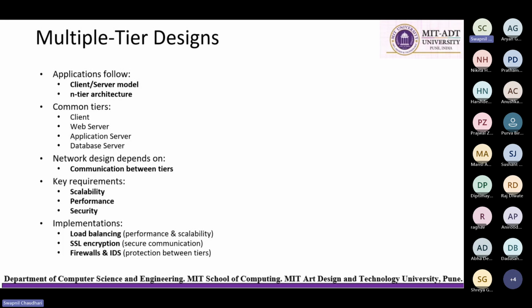Common tiers in the data center are the client tier, web server tier, application tier, and database tier. These tiers perform specific functions, making the system modular, scalable, and easy to manage. Communication goes from the client to the web server, to the application server, and then to the database, one after another.